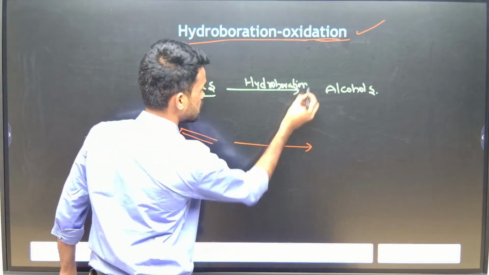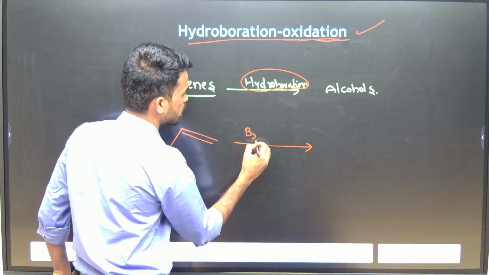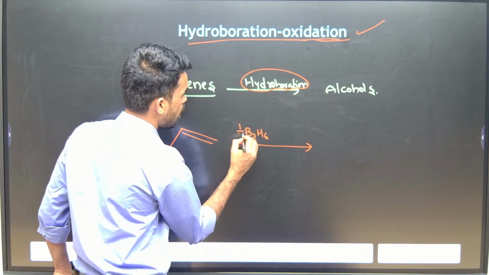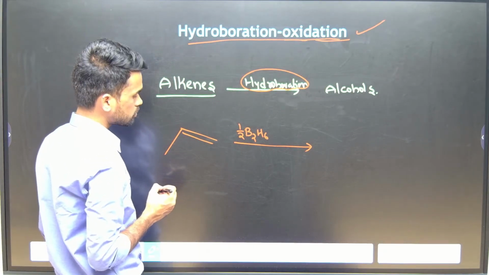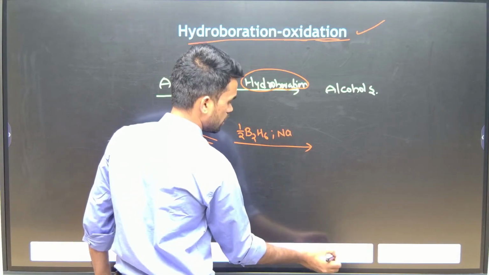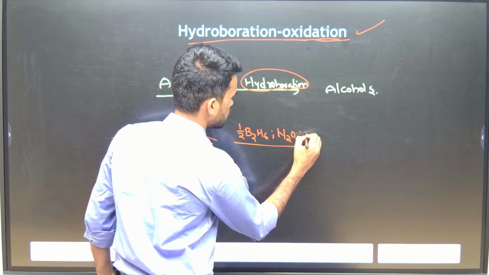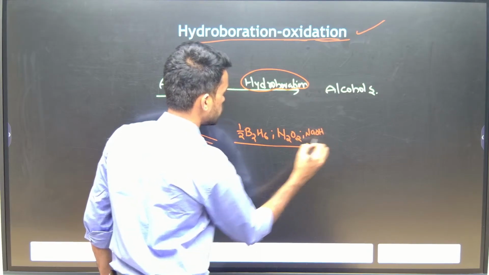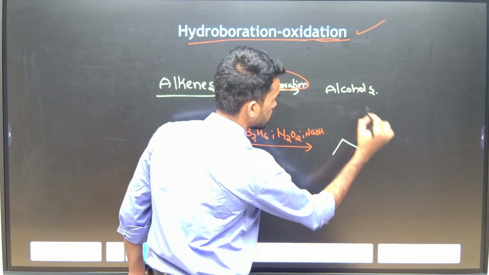What is the reagent used during the hydroboration? You can use B2H6, half mole B2H6. Along with this we will be using H2O2 in basic medium, NaOH. So this gives you alcohol like this.